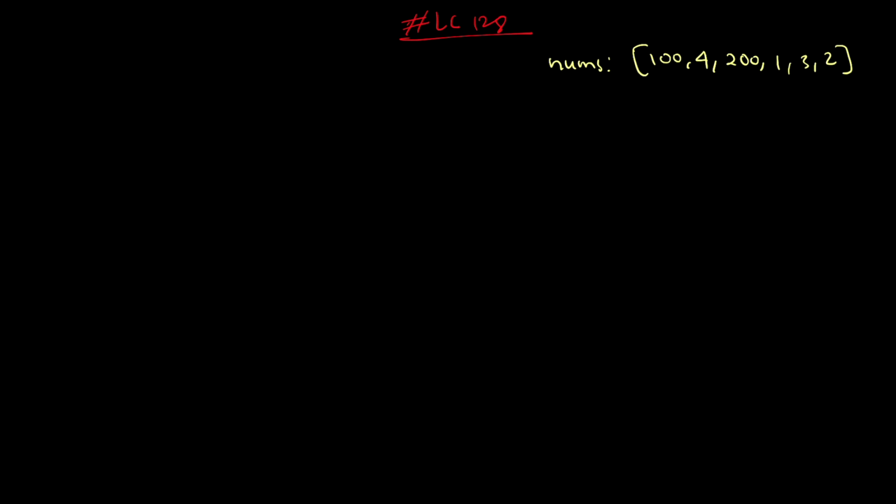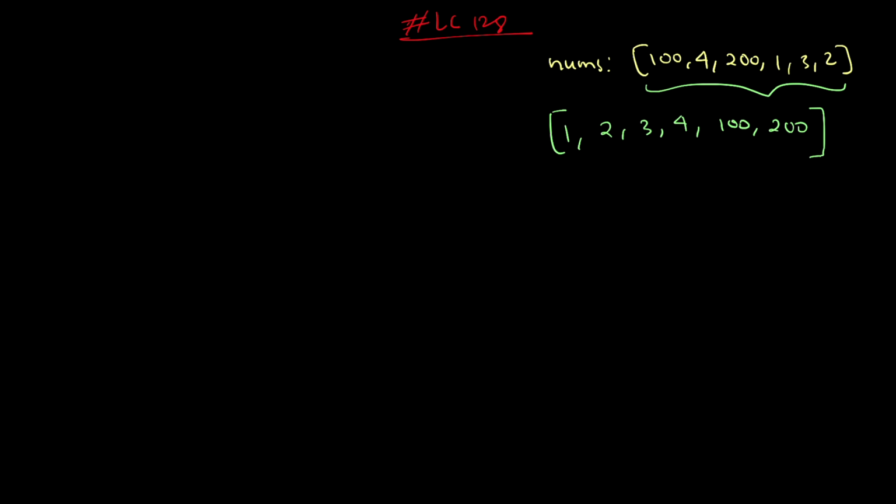The most obvious way, and the way we're mostly familiar with as a human, is to sort whatever array is given. So let's sort it naturally: 1, 2, 3, 4, 100, and 200. From here we can figure out the pattern of the numbers occurring next to each other.